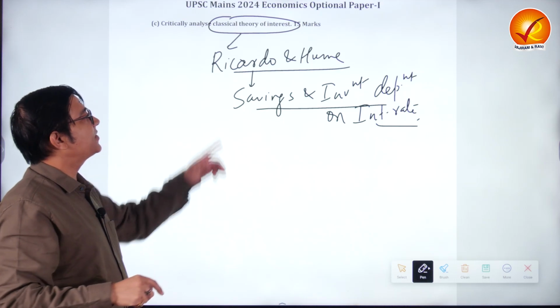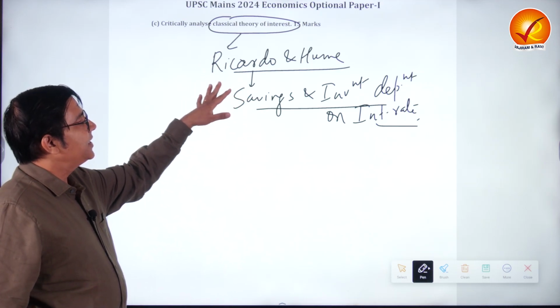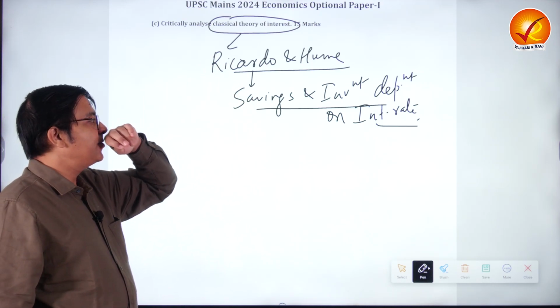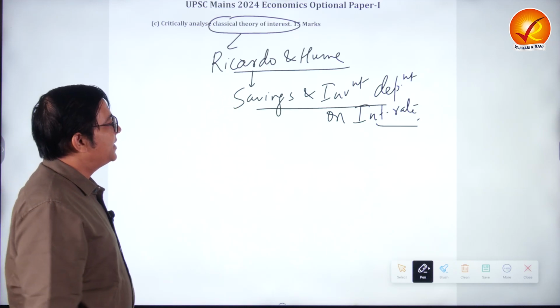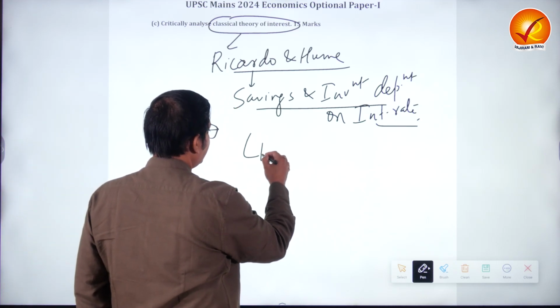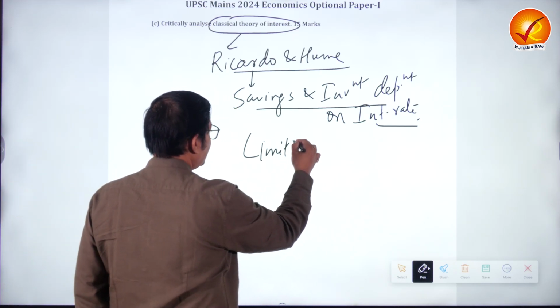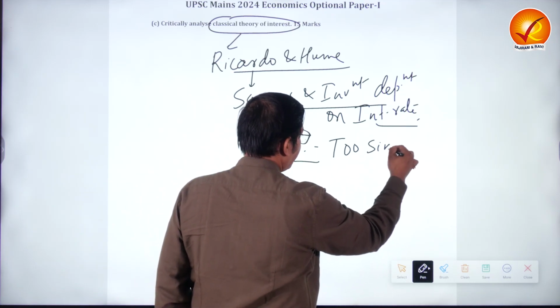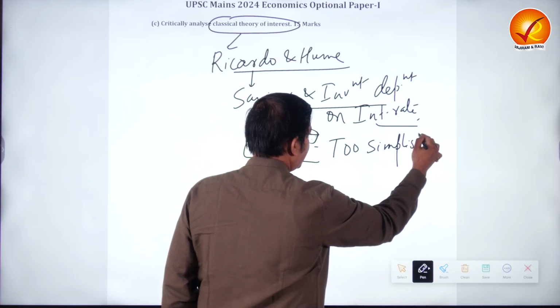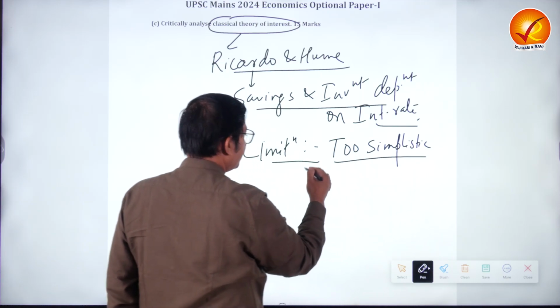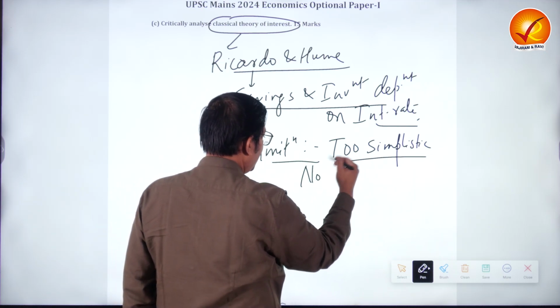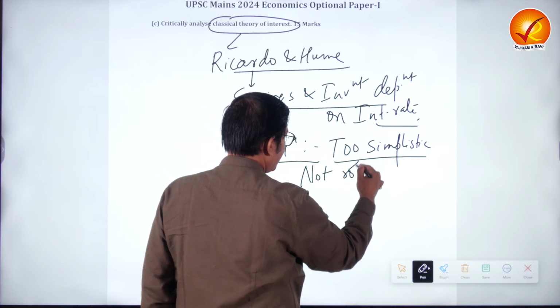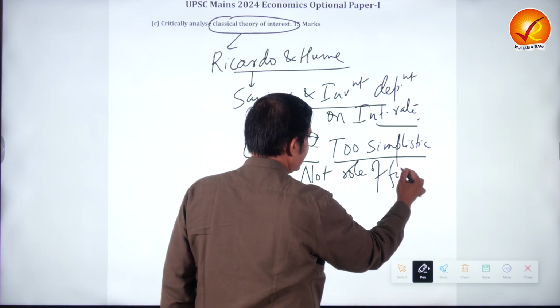But since the word was classical theory of interest, you can start with Ricardo, Hume, etc. and then say that the main limitation of them was that it was too simplistic a theory, or you can say there was not much role of financial markets here.